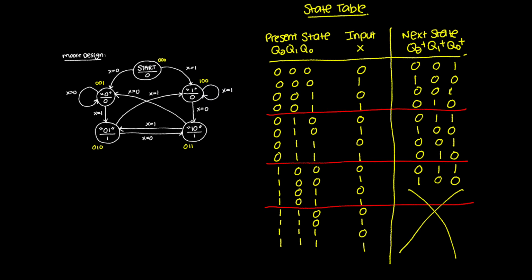So maybe that could be like an asynchronous clear or something like that. Some asynchronous means of resetting my circuit back into this idle state or start state over here. So this is basically the state table, and the output logic truth table is also really simple.